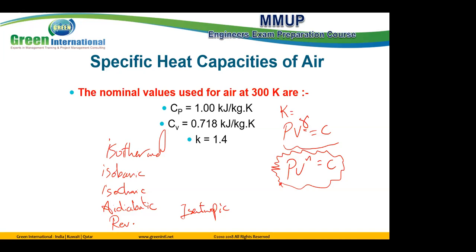Reversible means it can come back to the original point. Isentropic is entropy constant, a mix of adiabatic and reversible.